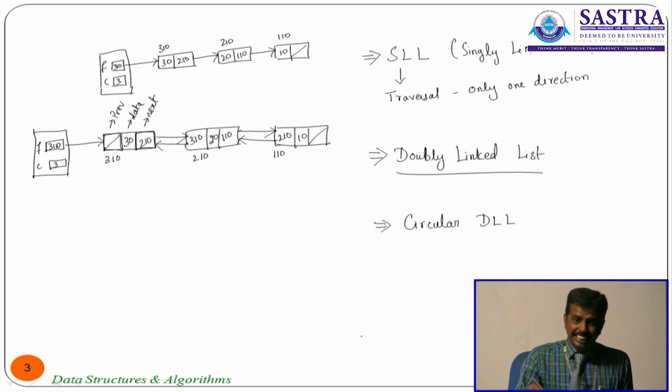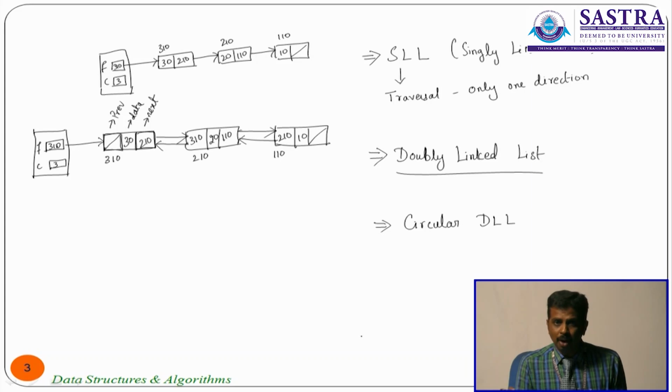What is the advantage in the circular doubly linked list? Suppose even if you are using the doubly linked list, if you have 100 data and you have reached the 100th data, the last node. Now, you want to reach the third node. From the 100th node you can only travel back side, or from the first node I can reach the third node.